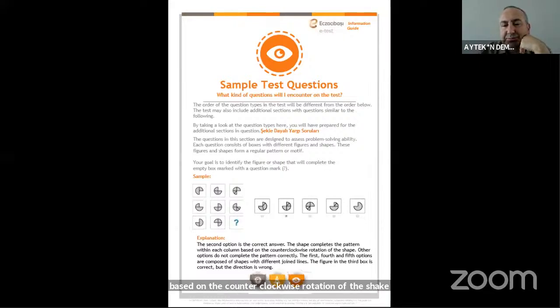Other options do not complete the pattern correctly. The first, fourth, and fifth options are composed of shapes with different joint lines. The figure in the third box is correct, but the direction is wrong.